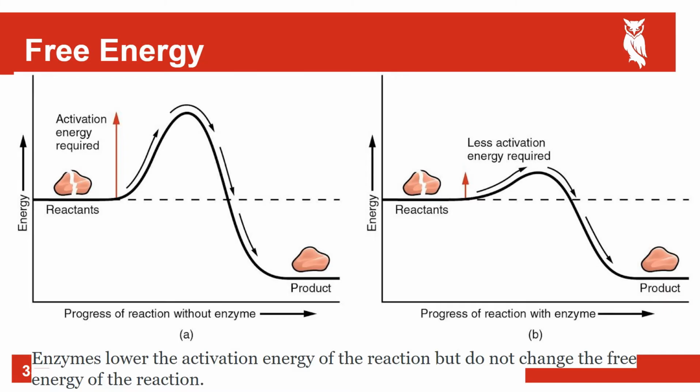Also, it's got a lower activation energy. Things with a lower activation energy do not change the free energy of the reaction. Free energy is just the difference between the reactants and the products, and that difference is still the same. So the change in free energy between these two graphs is exactly the same, because it doesn't take into account this activation energy.